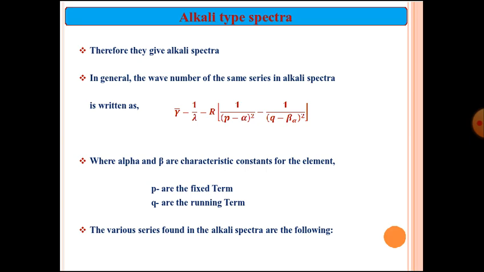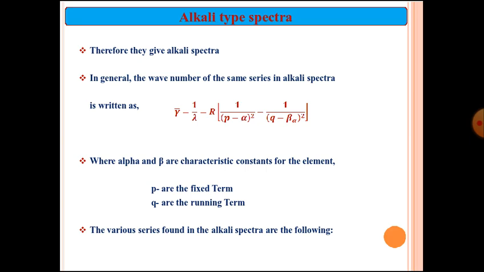Now, doubly ionized atoms of beryllium, magnesium, calcium and singly ionized atoms of boron and aluminum have only one electron in the outermost orbit. Therefore, they give alkali spectra.